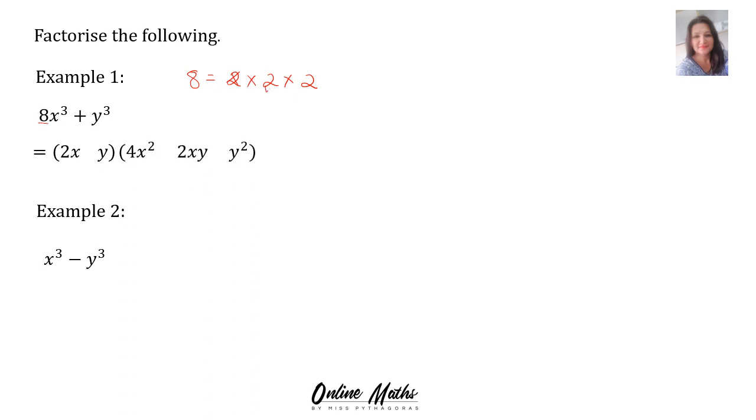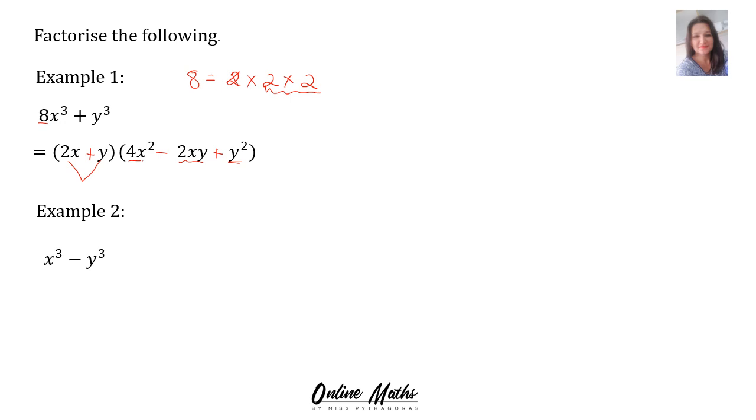So there's 2 times 2 is 4x squared, and at the back on the right y squared. The middle term you get by saying 2 times y is 2xy. And since this is a plus, your brackets will be plus, minus, and a plus.